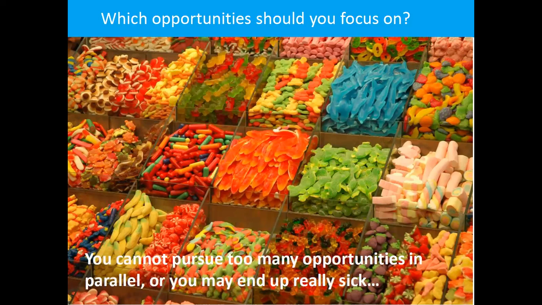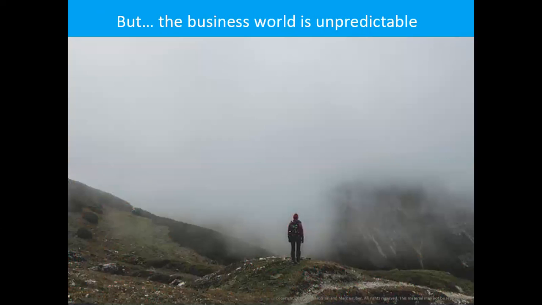We might have several directions that seem to be promising, but we do need to focus. We need to choose a path that we will concentrate our efforts on. But this is not an easy decision, and there is one thing that we do need to keep in mind. The business world is unpredictable.